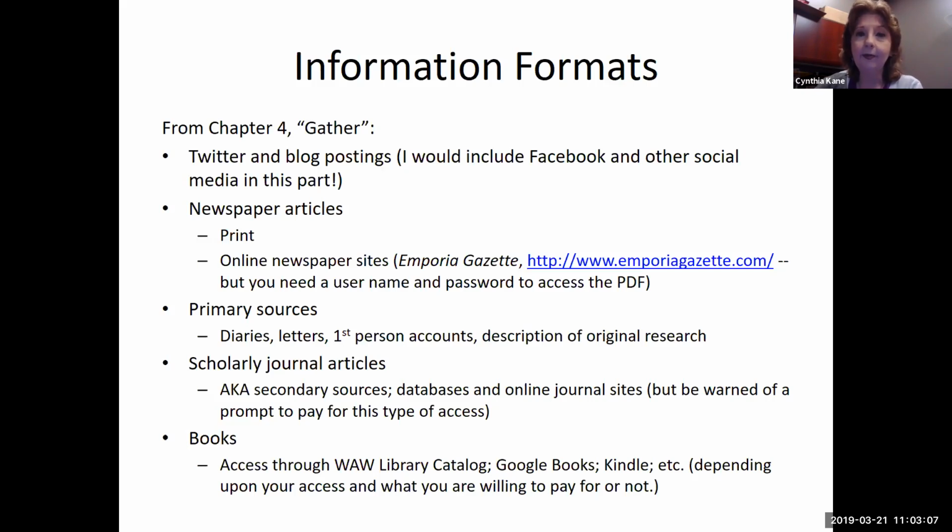If I were to go to the Emporia Gazette online, which is our local newspaper, I can read some articles just in pure text for free, but I actually have to be subscribing to the print version of the newspaper in order to get access to a username and password to be able to access the PDF version online of that newspaper. I could also set up a separate account just to access the PDF online, but I'd have to pay for that access again. So that's always something to keep in mind when you're choosing which information formats might be appropriate for your research need.